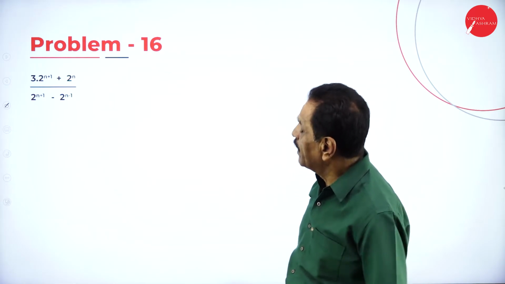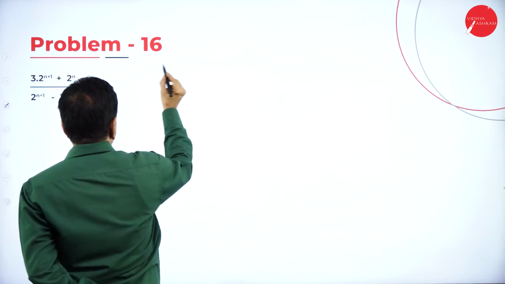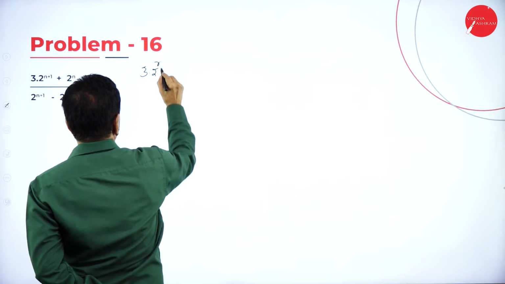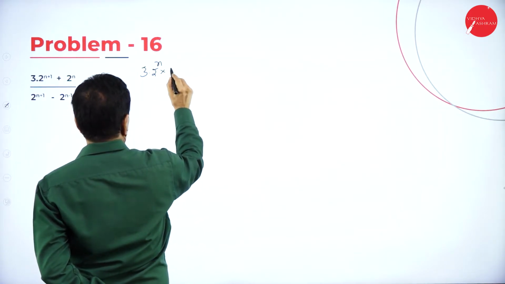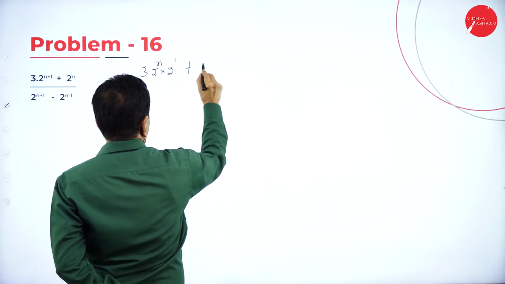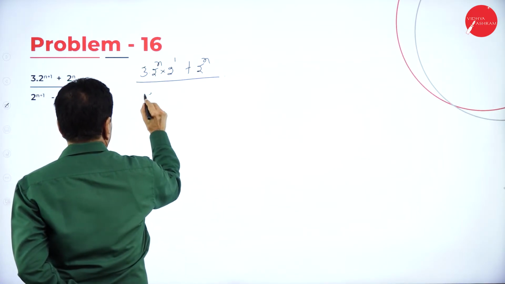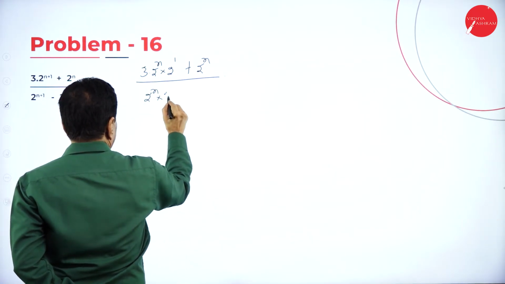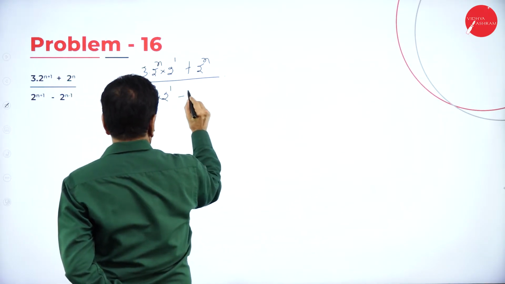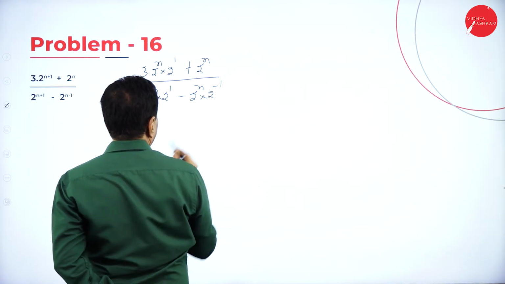This is simplify 3 into 2 to the power. This can be written as 3 into 2 to the power of n into 2 to the power of 1 plus 2 to the power of n, divided by, this can be written as 2 to the power of n into 2 to the power of 1 minus, this can be written as 2 to the power of n into 2 to the power of minus 1.